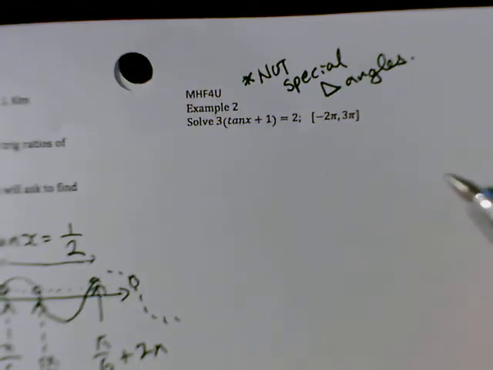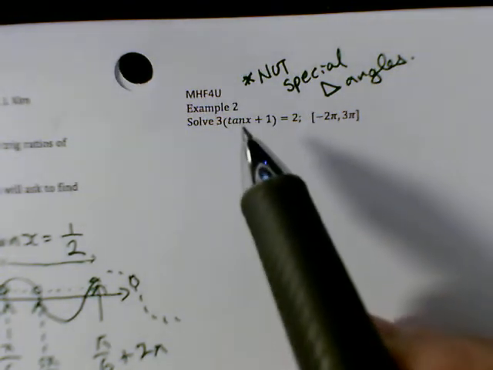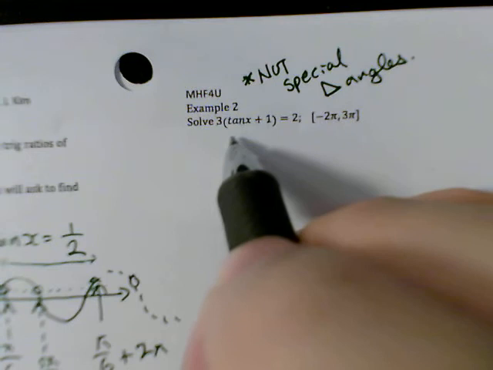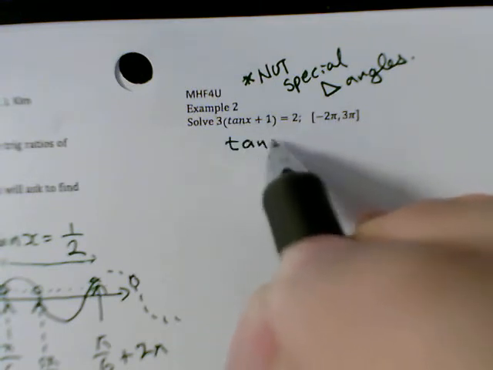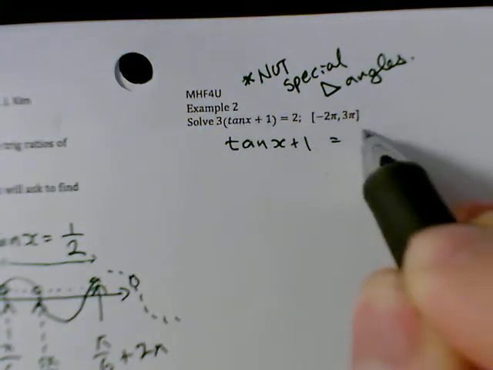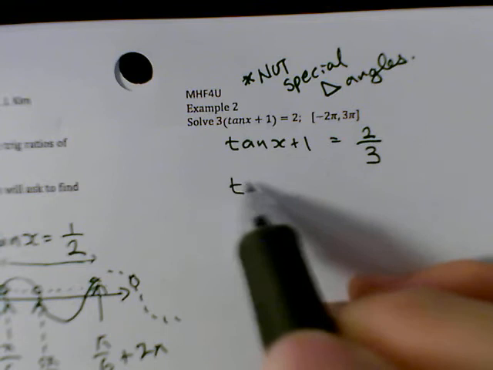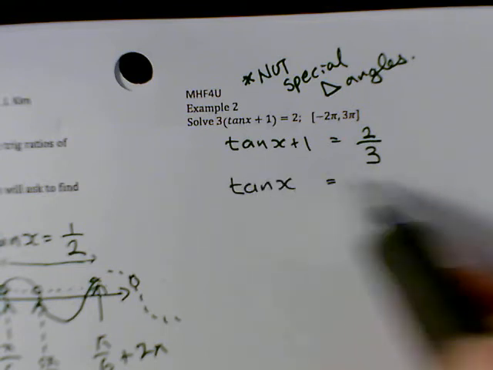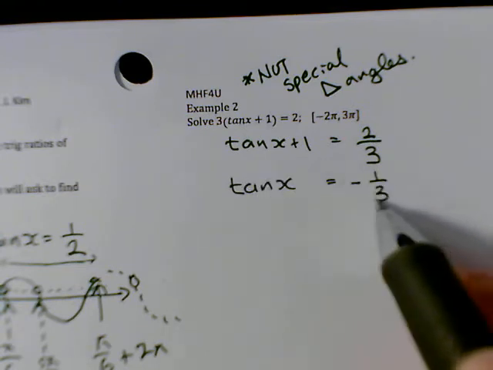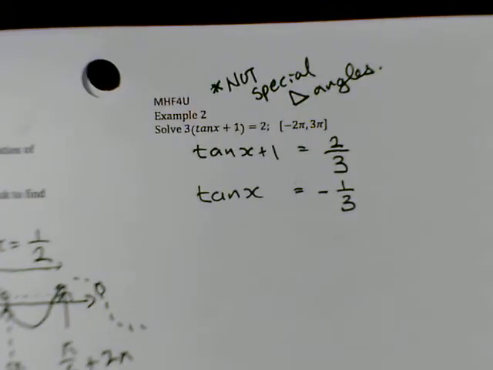I'm going to simplify it just to get the ratio all alone, because after all, that's where the x is. So I am going to divide both sides by 3. And I will subtract both sides by 1, which gives me negative 1 over 3.